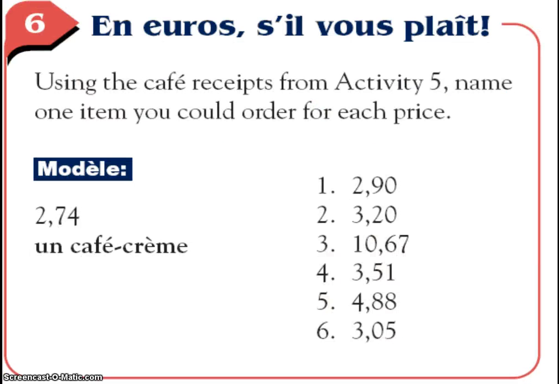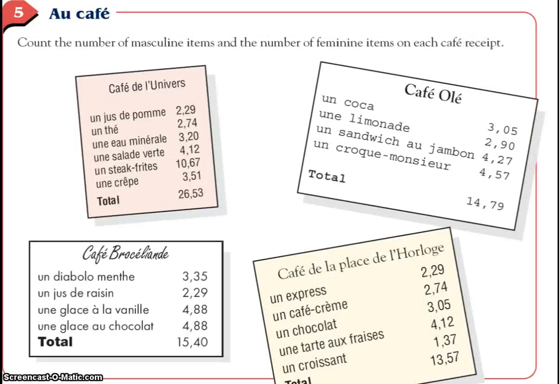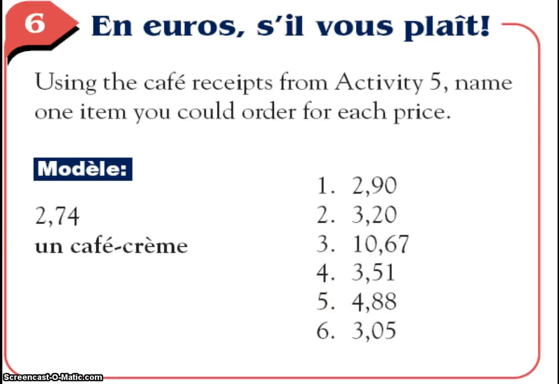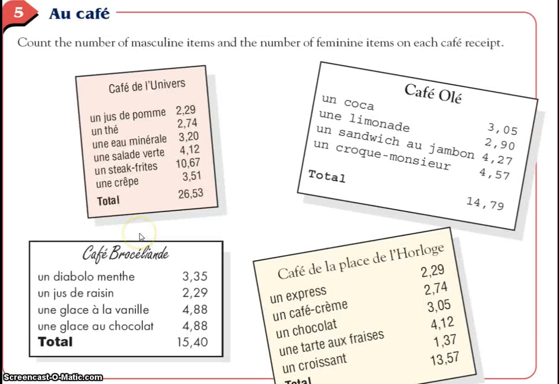For your homework, you're going to use the receipt with the prices we got in activity 5, and write down one item that you could order for that price. For example, the first one is 2.74. Here you have a thé, and then you have a café crème.